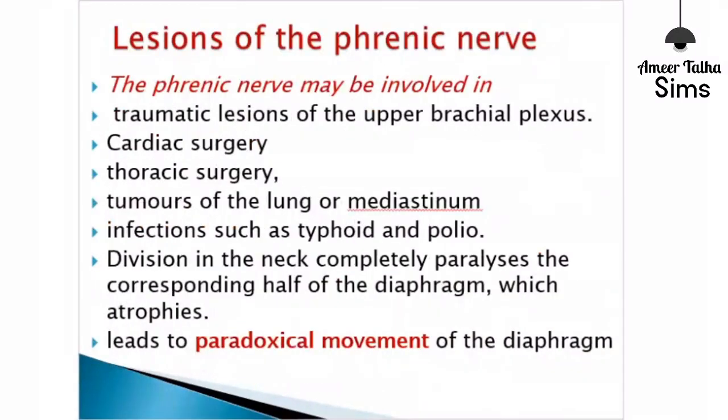Whenever there is a lesion of the phrenic nerve, in cardiac surgery or thoracic surgery or in trauma, this will lead to paradoxical movement of the diaphragm. So lesion of the phrenic nerve leads to paradoxical movement of the diaphragm.